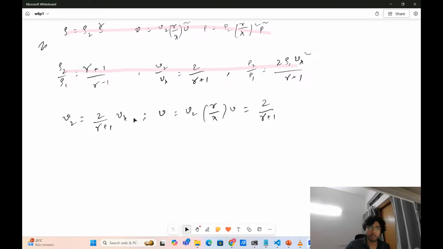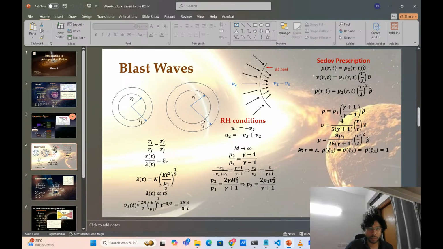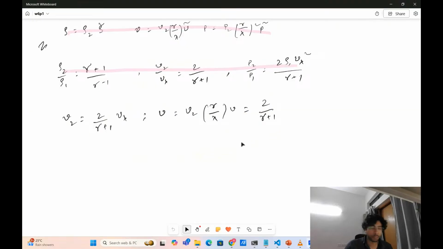And if you remember V lambda from the slide, V lambda is 2 by 5 lambda by T. We'll just ignore n for now and take n as 1. So V lambda times R by lambda.